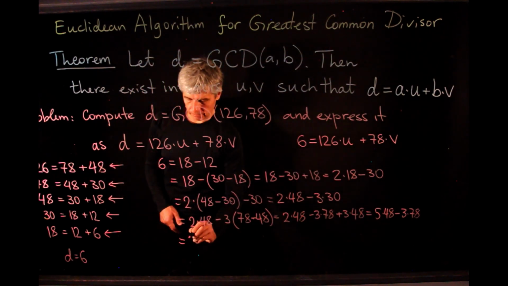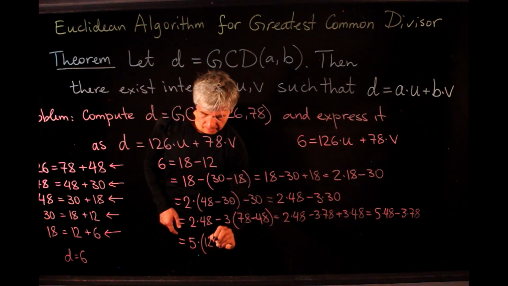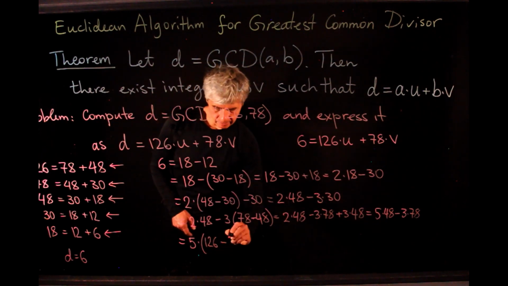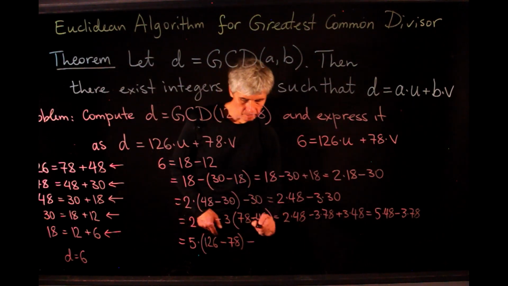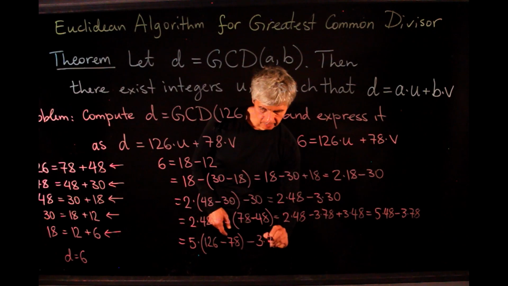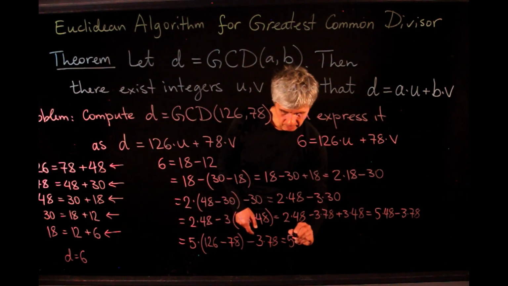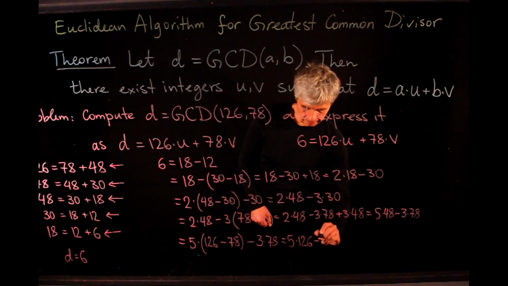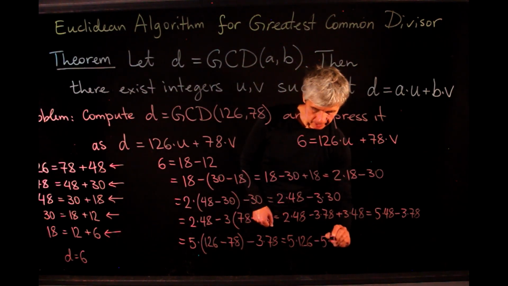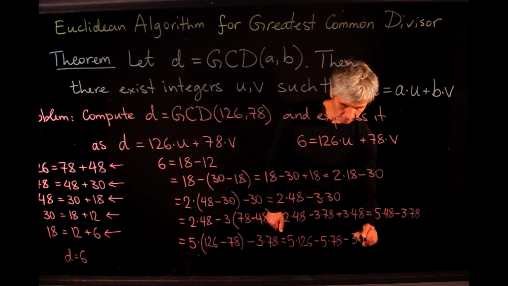So we get 5 times 126 minus 78, minus 3 times 78. So that is 5 times 126 minus 5 times 78 minus 3 times 78.